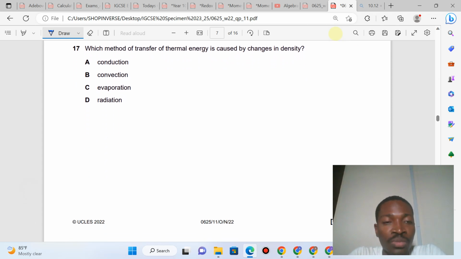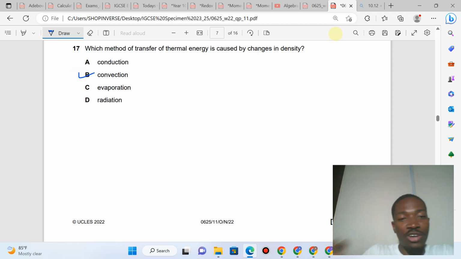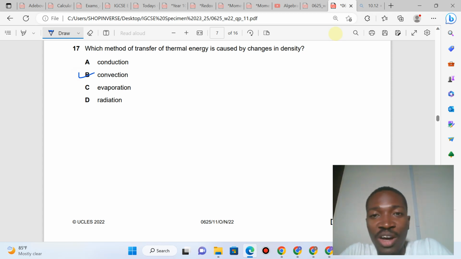Question 17. Which method of transfer of thermal energy is caused by changes in density? Convection. Why? Because convection current is caused by changes in density. You remember when you were dealing with land and sea breezes.